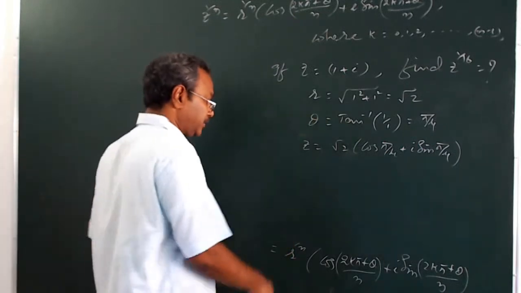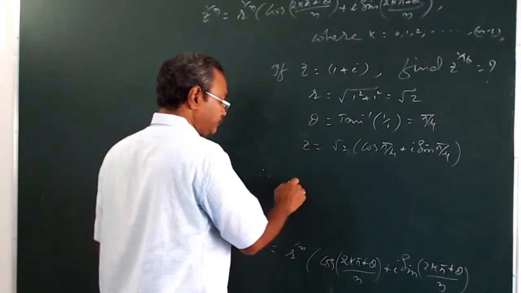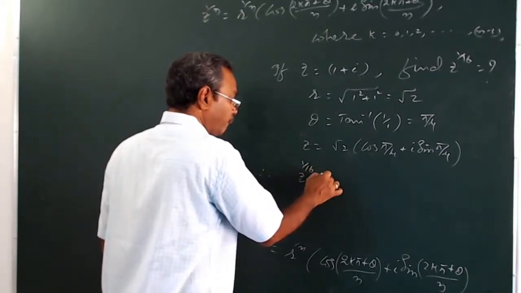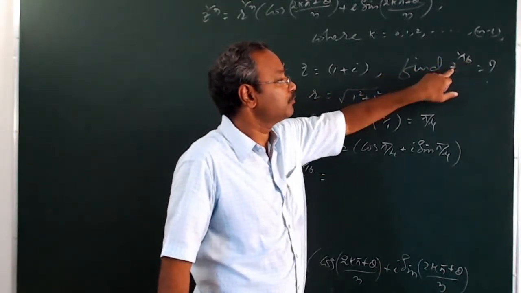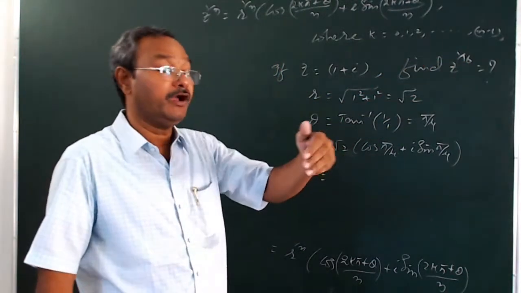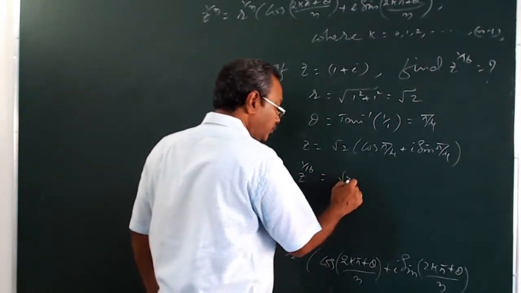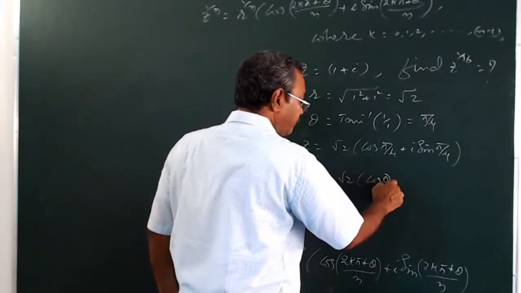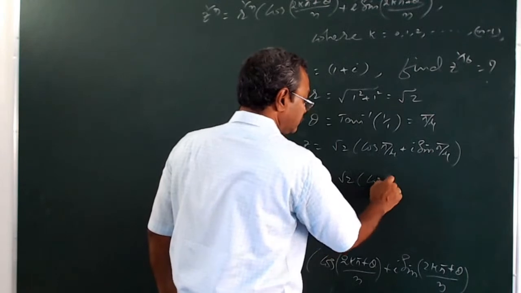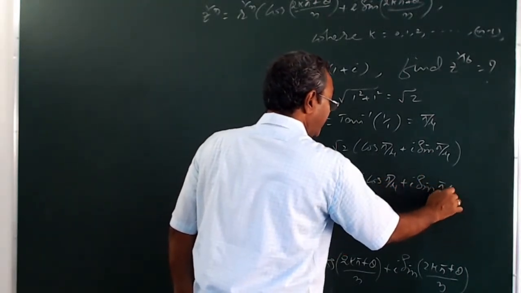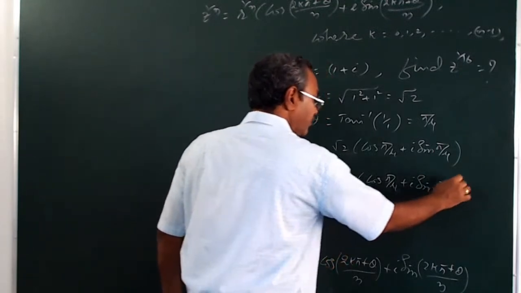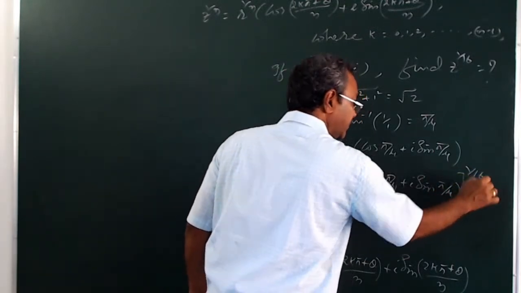Now the second step is, for z to the power of 1 by 16, which is the 16th roots of the complex number z. They are root 2 into cos pi by 4 plus i sin pi by 4, whole to the power of 1 by 16.